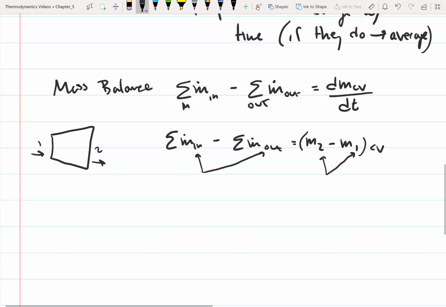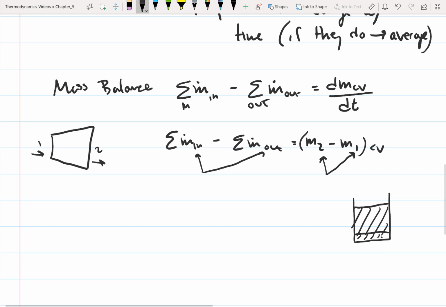and then this 1 and 2 represent the thermodynamic states. What's meant by that is, let's say that at state 1 we have this amount in our container, and then at state 2 we have this amount. So this 1 and 2 isn't referring to the mass flow into or out of the container.